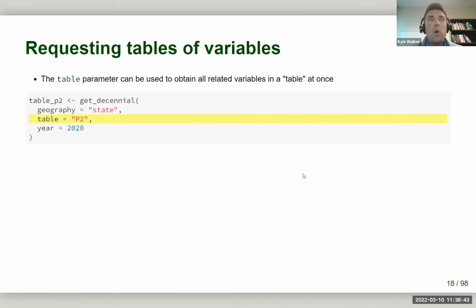So what we have done first and foremost is request a single variable from the census using get_decennial. If you want a bunch of variables, you can use the table argument instead.